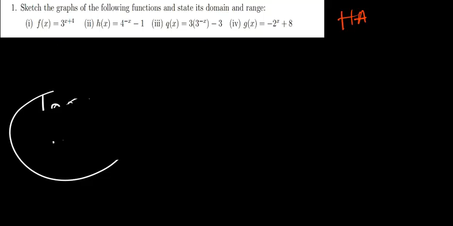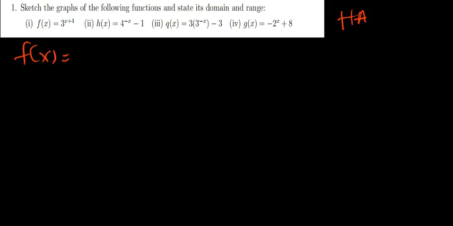Now, whenever we want to know how to sketch the exponential function, we need to know only three things, like I've said. The first thing is to know how to find the horizontal asymptote. So the horizontal asymptote is the number that is not attached to the exponential. For example, the first question that we have here, it is f of x is equal to 3 to the power x plus 4.